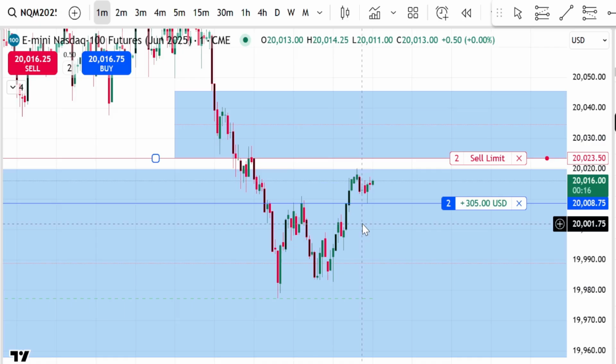I usually trade just one contract, and here I like to open another contract and make it 2 contracts, but nothing that big here. It's just a small scalp.